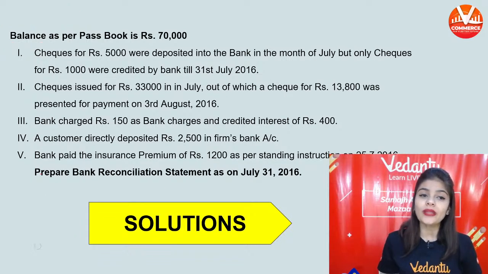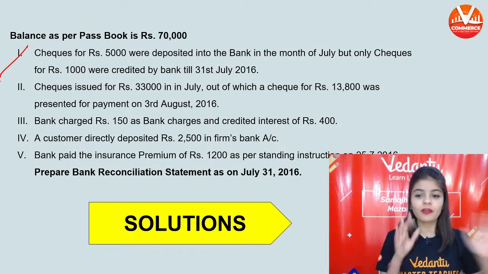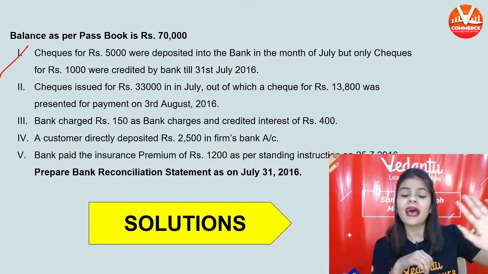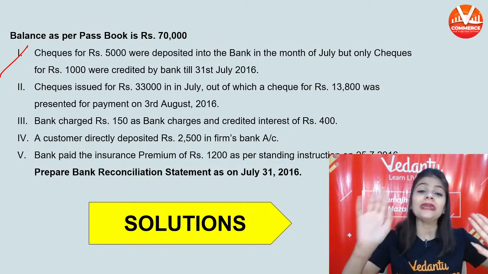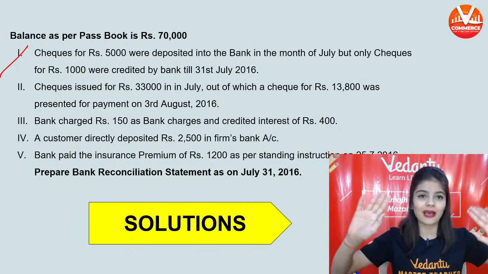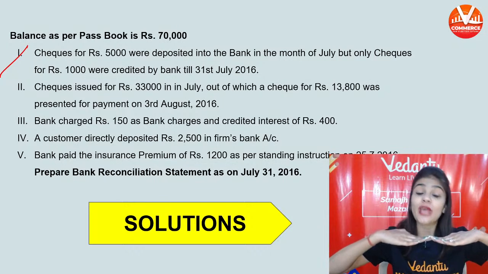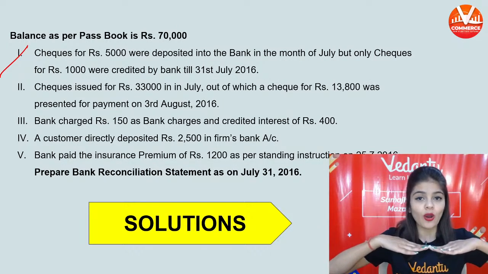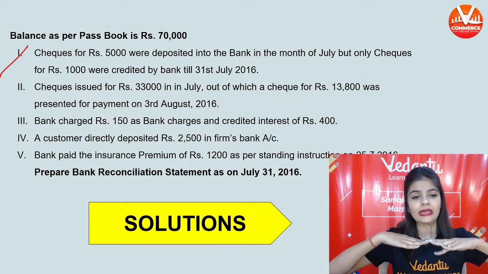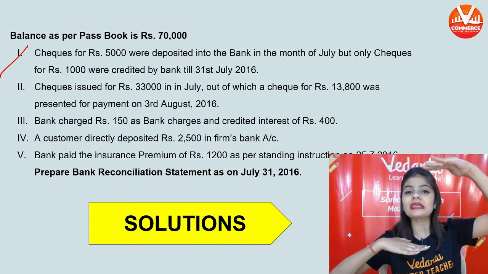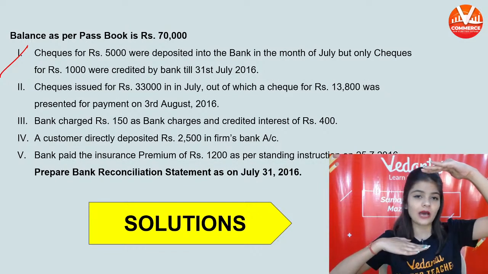Now starting with the transaction first. Before that, let me tell you, we will be using our hands. Your left hand should be your cash book. Your right hand should be your passbook. Left hand cash book है, right hand passbook है. Check for 5,000 was deposited in the bank in the month of July. Your cash book is increased by 5,000.